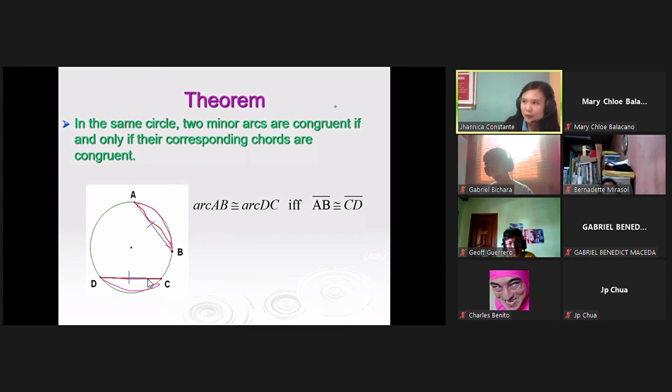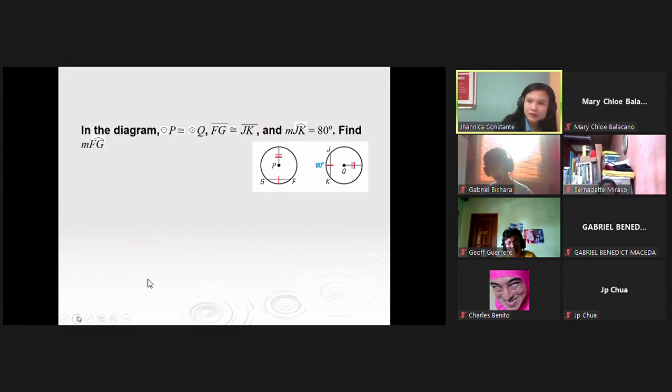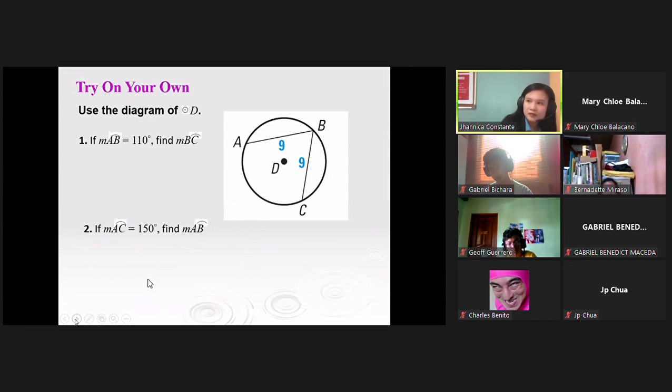For example, we have this circle. We have chord AB and chord BC with the same measurement, which is 9.